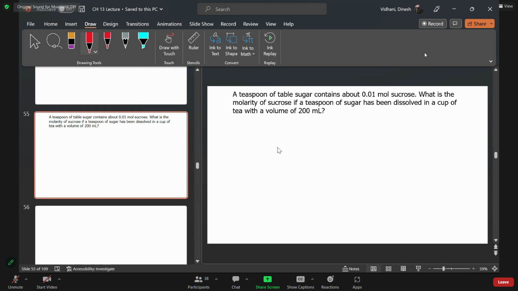So how would you solve this one? These are all practical problems. Think about that. You are given moles.